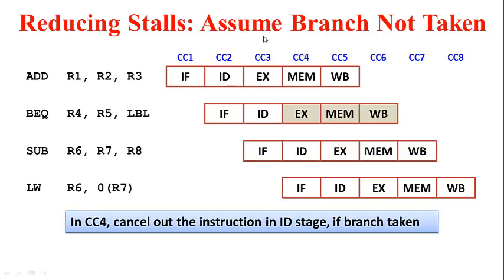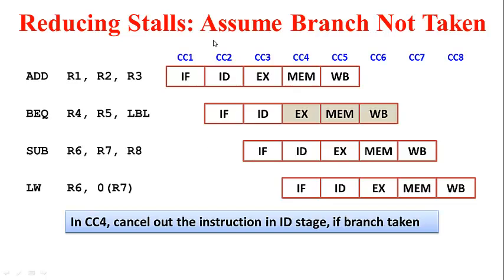the assumption was wrong. So just to check if you understand what is going on here, here are a couple of questions. First, how does this technique reduce the branch penalty? Well, it reduces the average branch penalty because in some cases the assumption will be correct and in some cases the assumption will be wrong. In cases when the assumption is correct, we introduce no extra bubbles in the pipeline, so we are good.